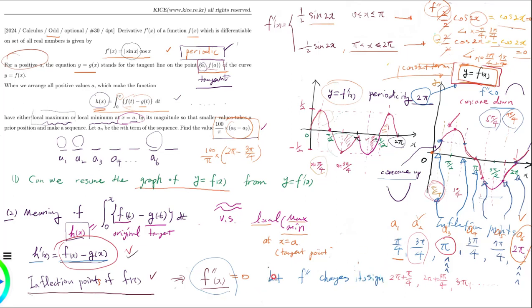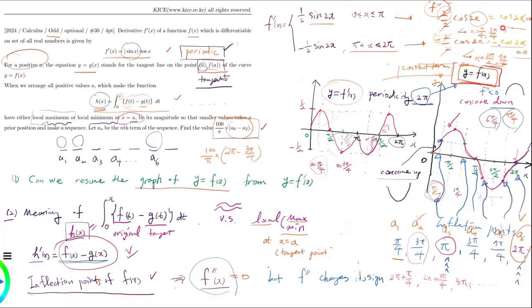Nevertheless, the second derivative value is non-zero at the inflection point, but it can change its sign.